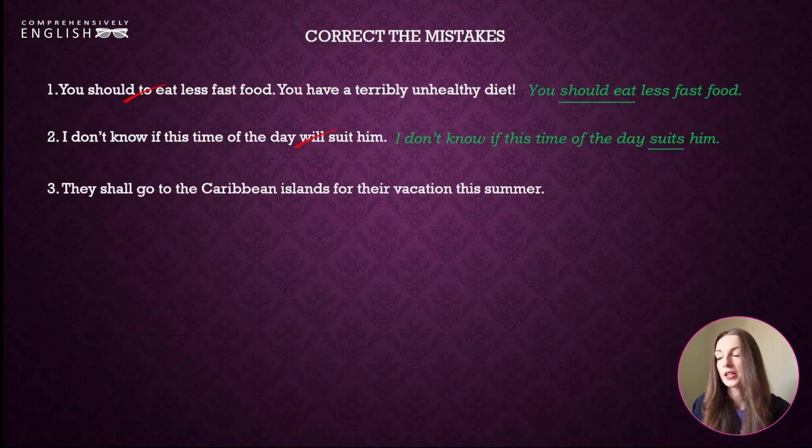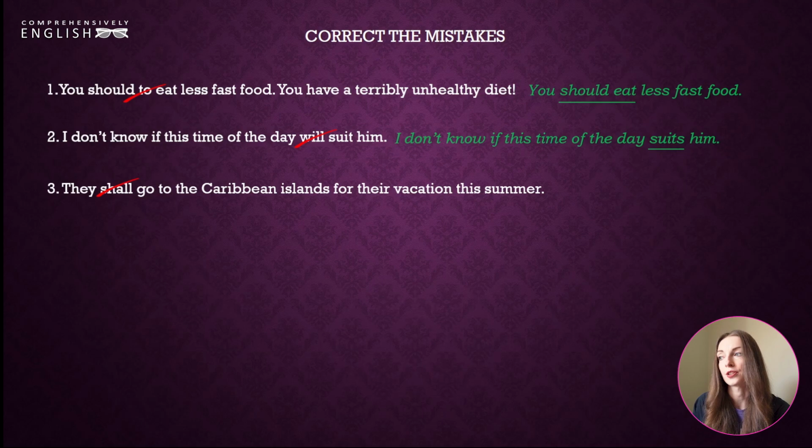Okay, the next sentence is: they shall go to the Caribbean islands for their vacation this summer. What's wrong? Obviously, we cannot use shall because our subject is they, and we speak about the future. We can use shall to speak about the future only with the first person singular and the first person plural, that is with I and we.